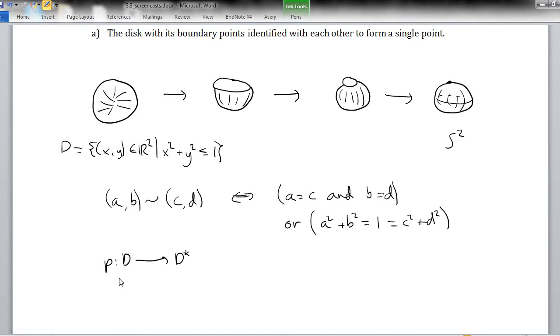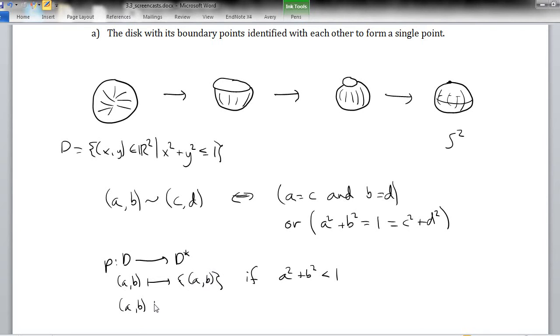And what's it going to do? Most points (A, B) are just going to get mapped to the singleton set consisting of that point all by itself, the equivalence class of that point. That's going to happen if the point is in the interior of the disk, so if A squared plus B squared is less than 1.